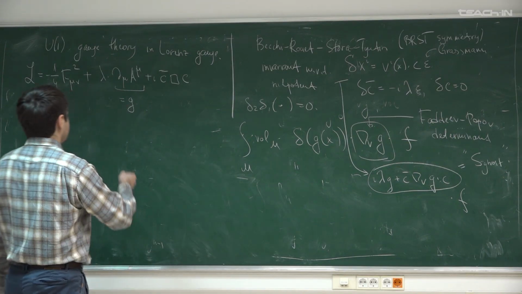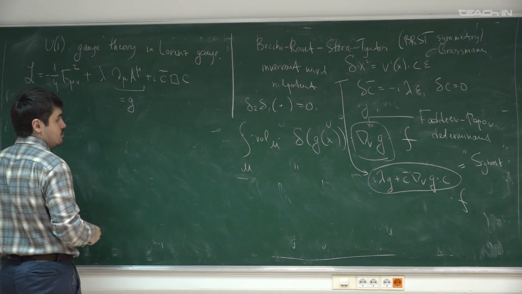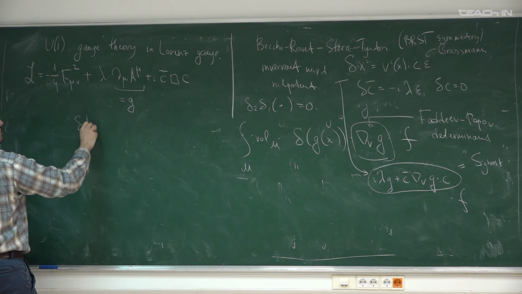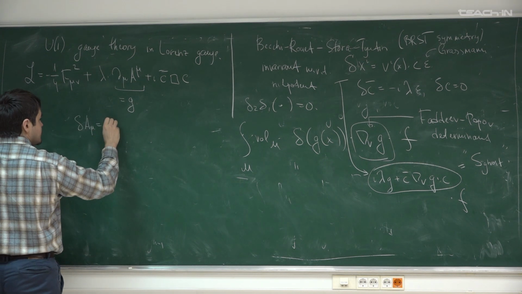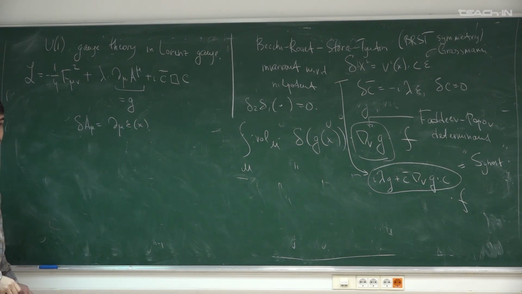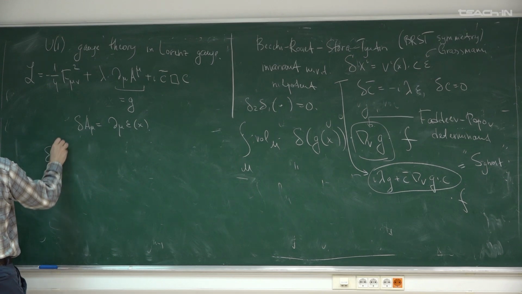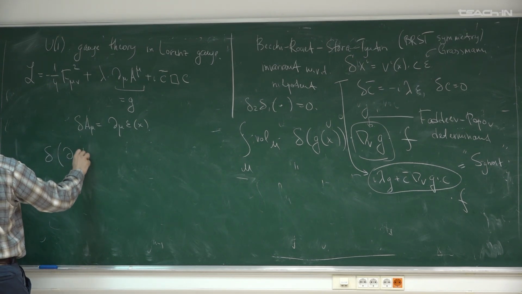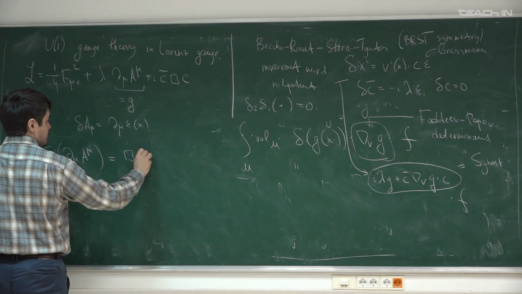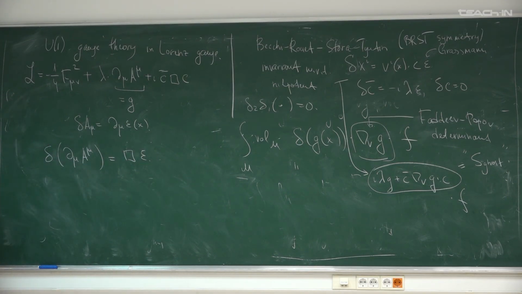So, for example, if your gauge fixing is d mu A mu equals 0, and your gauge transformation is delta A mu equals d mu epsilon of x, then the variation of d mu A mu is the Laplacian of epsilon of x.